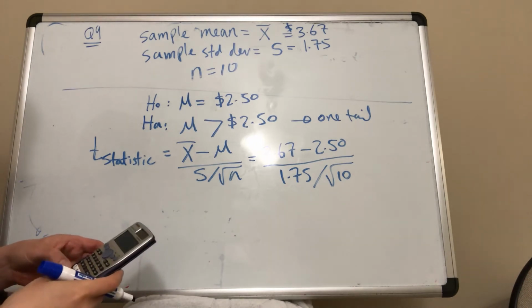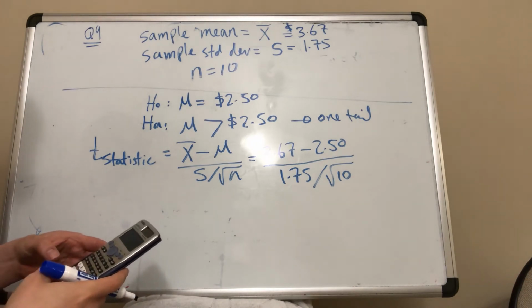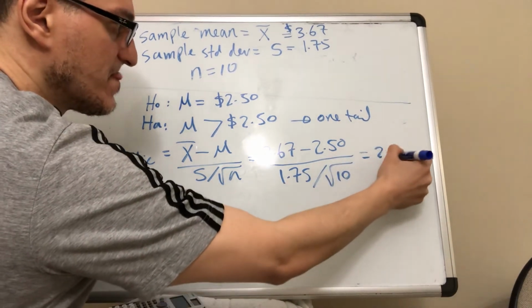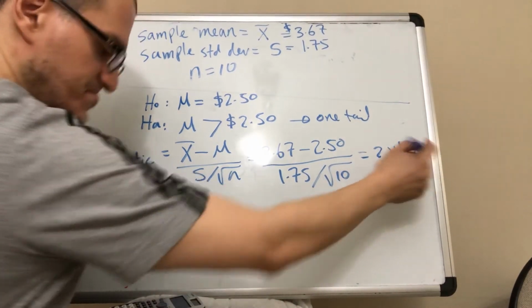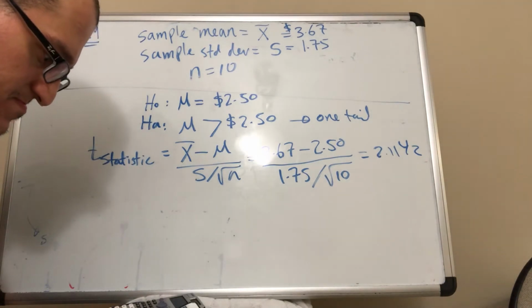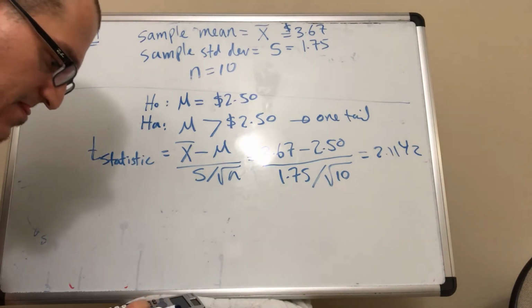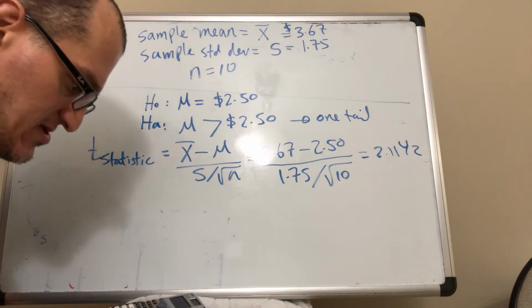You do the calculation, and this gives you 2.1142. That's your t observed, the t statistic.